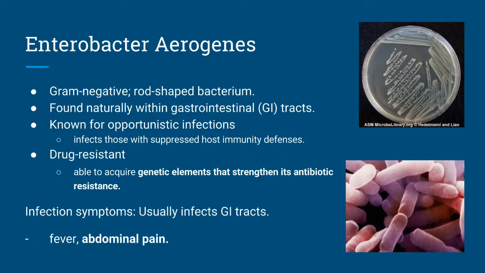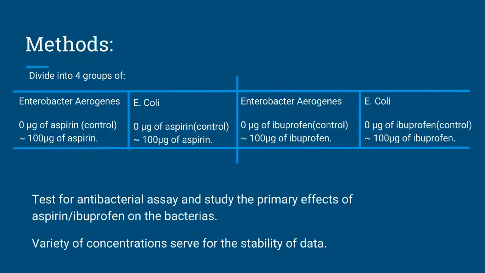Can I see your methods again? Why did you pick those concentrations? They were in the studies I've read that studied E. coli and aspirin. Zero to 50 micrograms of aspirin was what they used and what showed the most effective result, so this is why we decided to go with it.